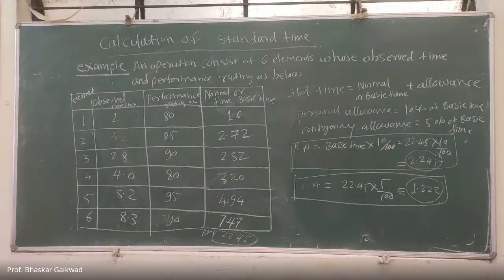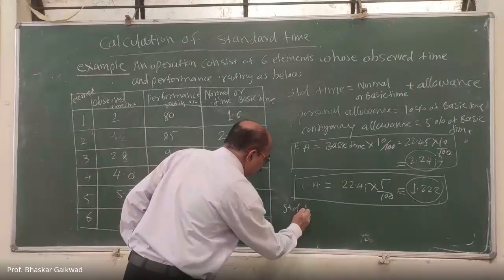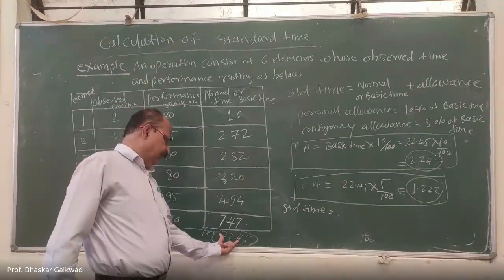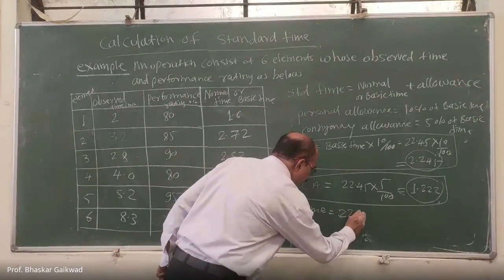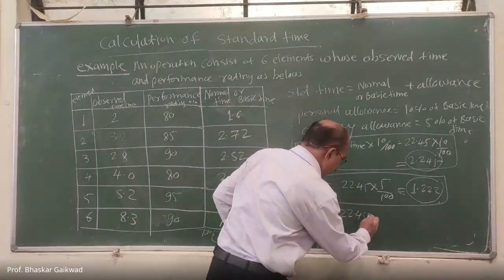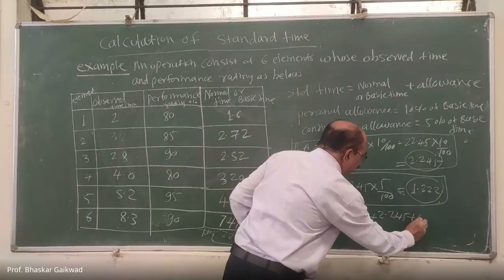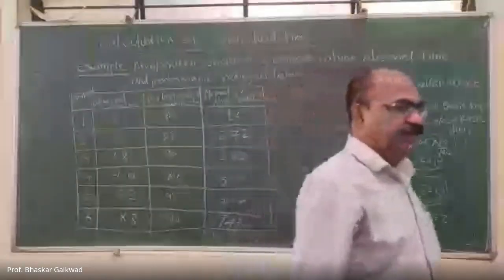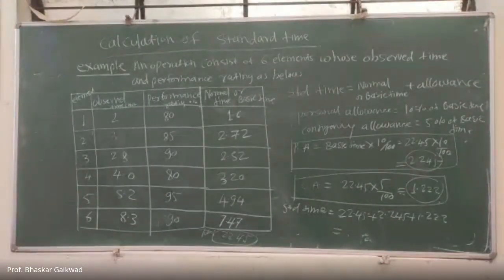So standard time is equal to the normal or basic time, 22.45, plus 2.25, plus 1.12. So in this way, normal or basic time plus two types of allowance.